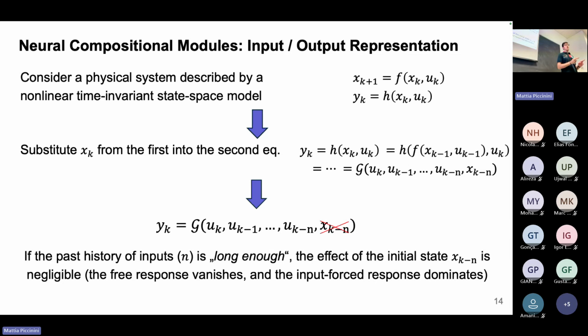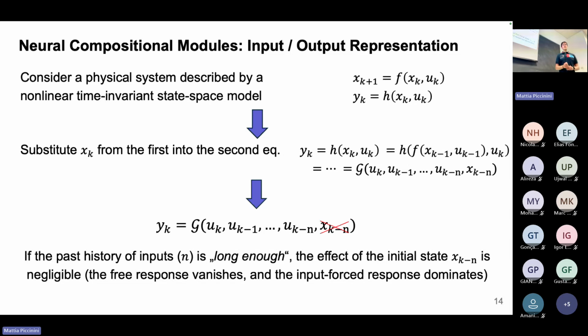Think of driving your car: you start accelerating from an initial speed, but after a while you reach your maximum speed. Your initial speed won't matter anymore. The only thing that matters is that you kept on pushing the accelerator pedal.